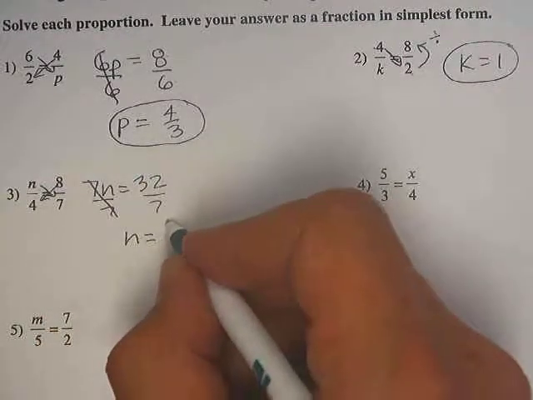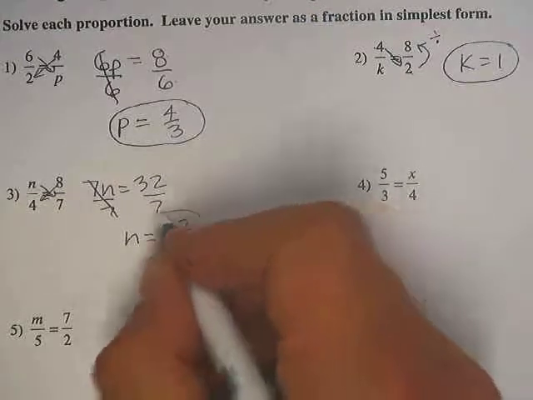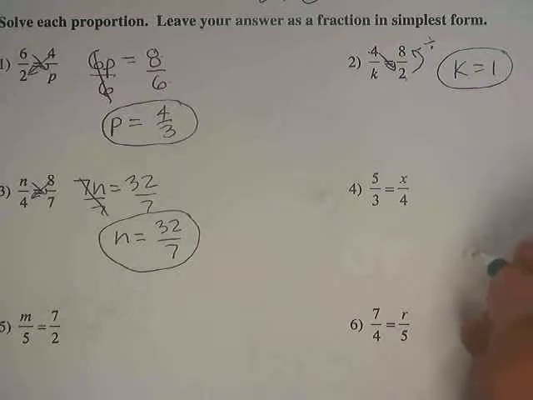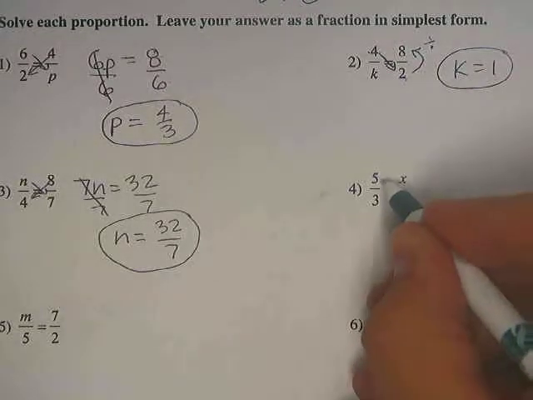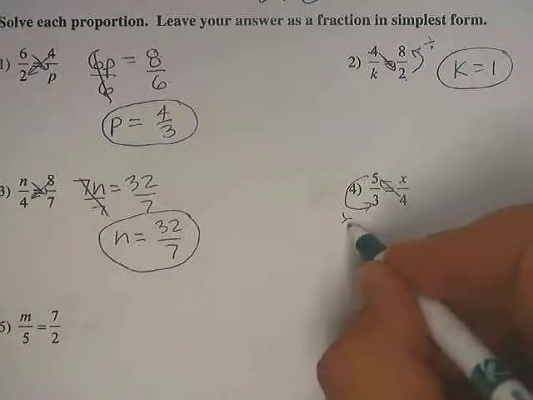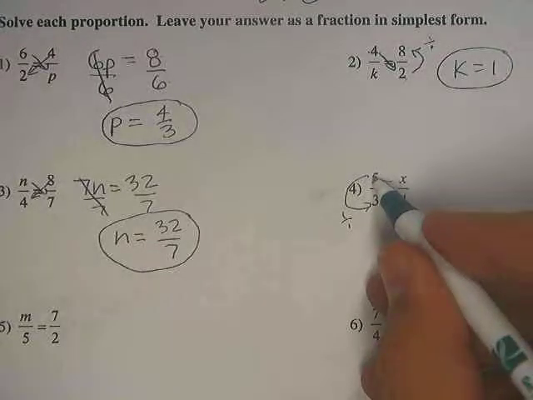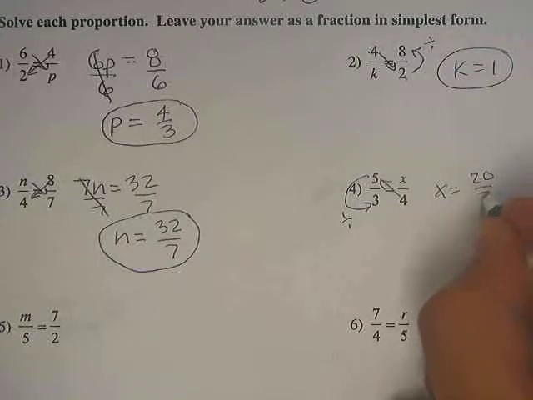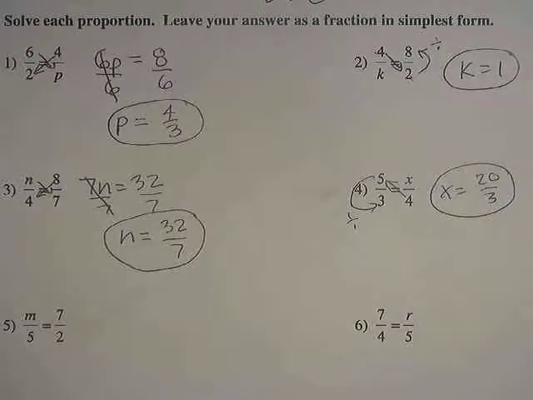Divide both sides by 7. Get n is equal to 32/7. Or you could do the shortcut. 5 times 4 divided by 3. 5 times 4 is 20. 20 divided by 3. So x equals 20/3.